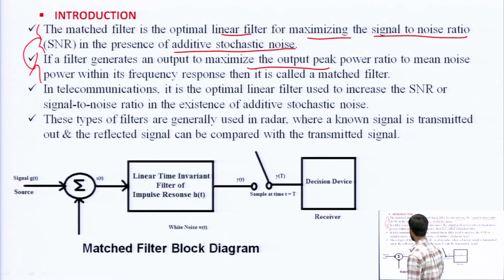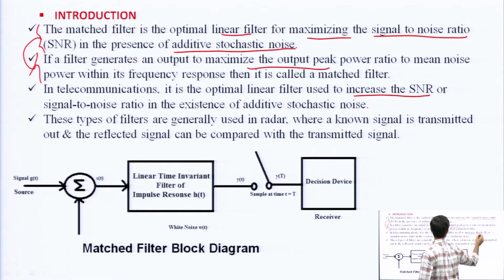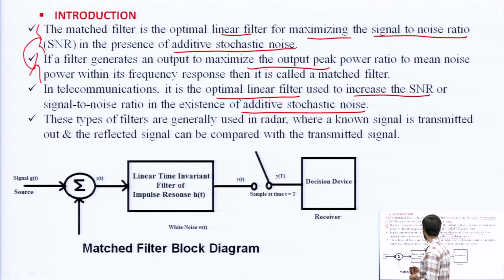So, both are equal. In telecommunications, it is the optimal linear filter used to increase the SNR, in the existence of additive stochastic noise. These types of filters are generally used in radar.